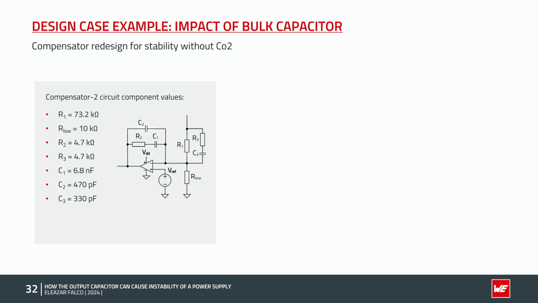So to make the control loop stable again without the bulk capacitor, we need to redesign the compensator. Now, for the plant characteristic with CO1 only, here are the compensator component values selected. And this helps to obtain a similar crossover frequency and phase margin to the original specification.